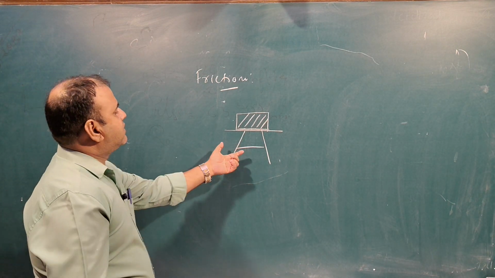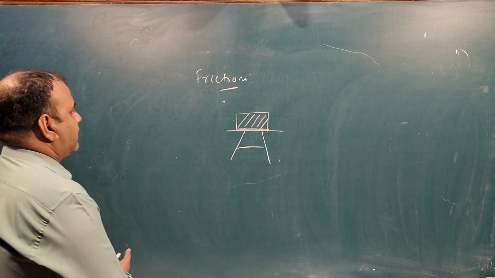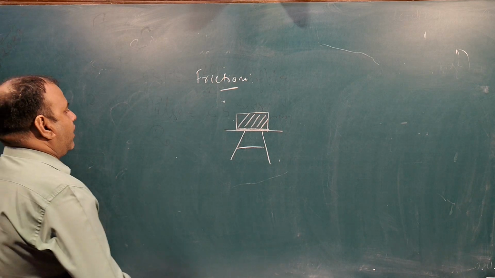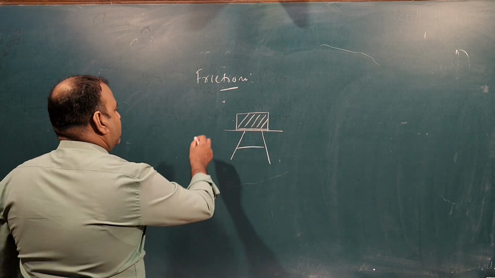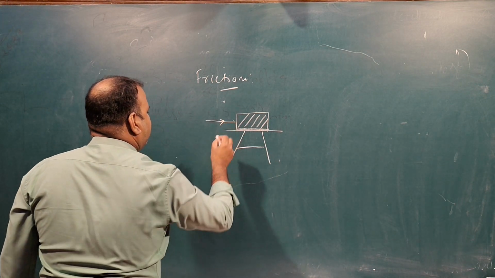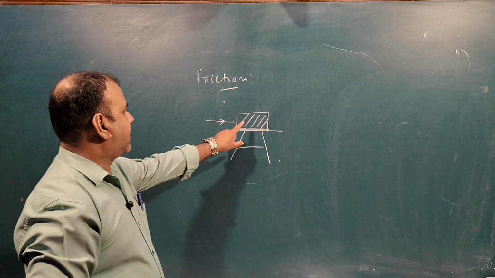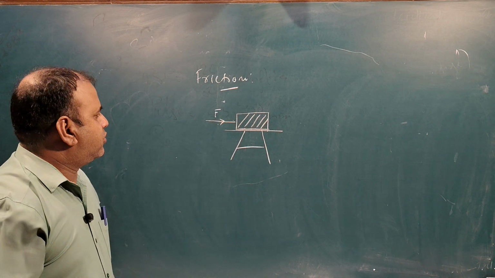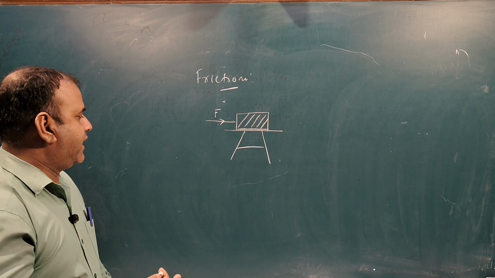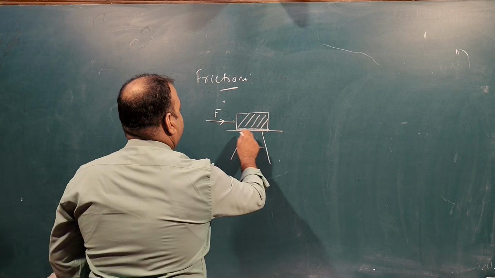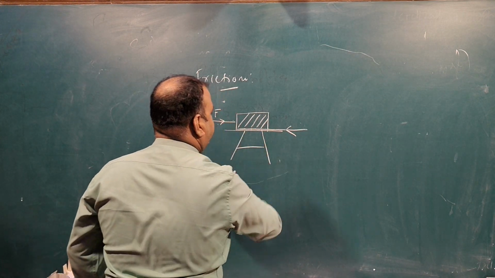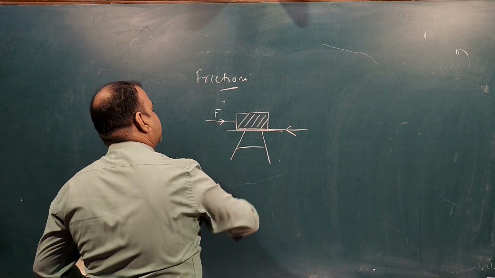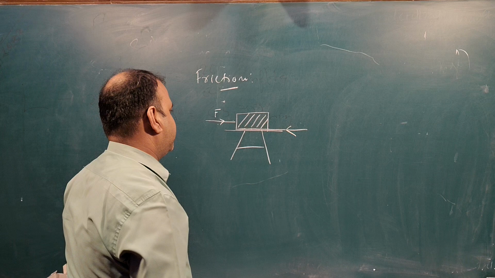Now see, I have considered one diagram. You can see this is a table and this is a kind of object. One force is applied on the object. When a force is applied on the object, then due to the force, an opposite frictional force is developed in between the two surfaces, the surface of the table and the surface of the object.